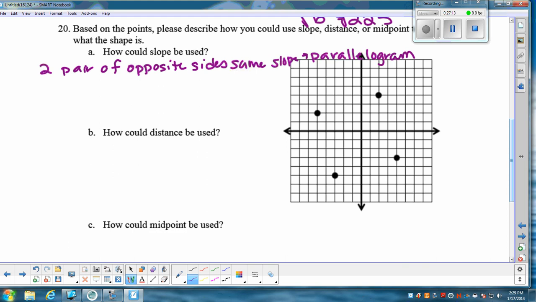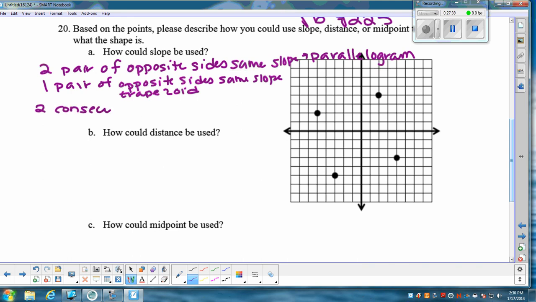If we have one pair of opposite sides having the same slope, we have a trapezoid. If we have two pairs of opposite sides with the same slope and our consecutive sides are perpendicular, or opposite reciprocals, we have a rectangle or a square. Because then that would mean our consecutive sides are perpendicular.